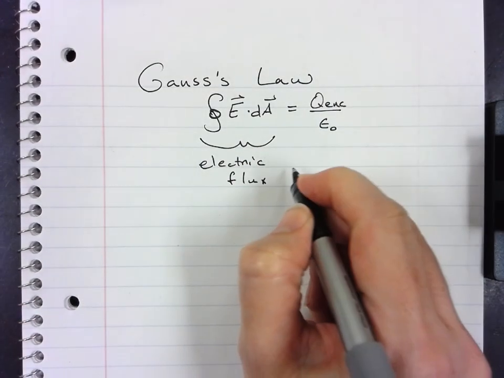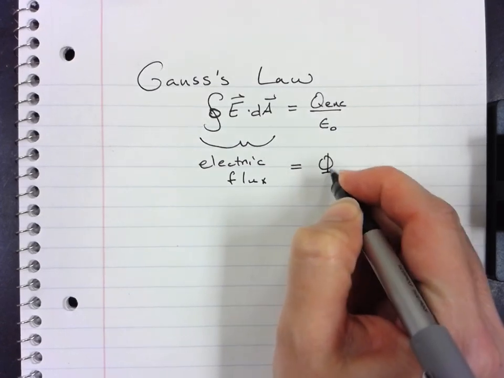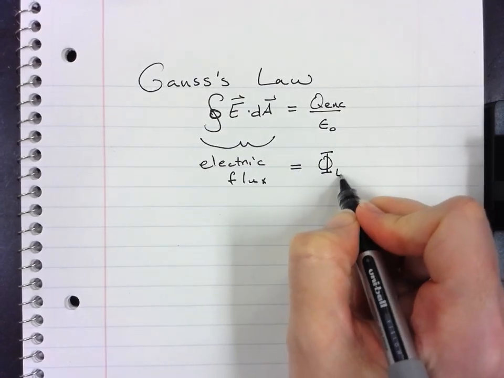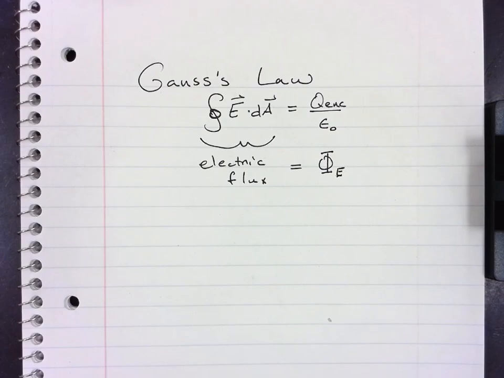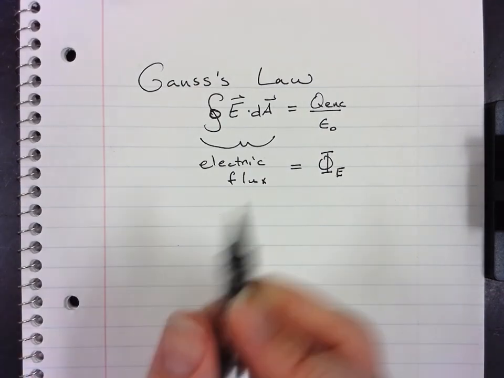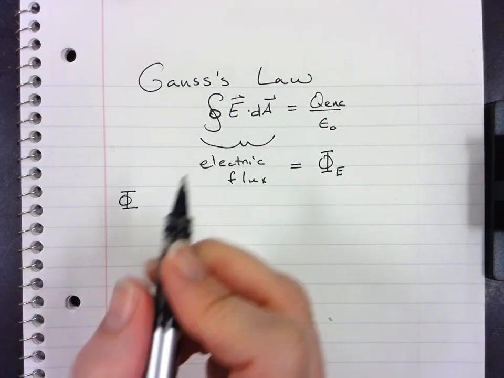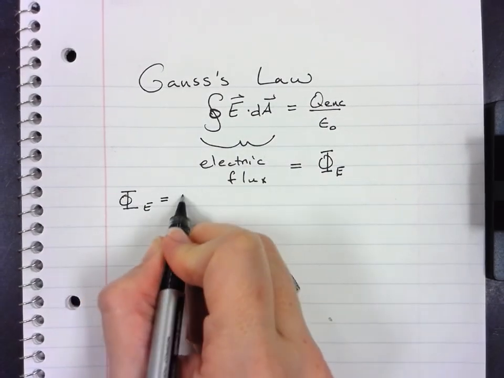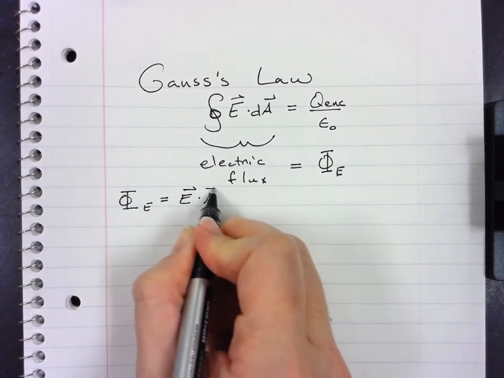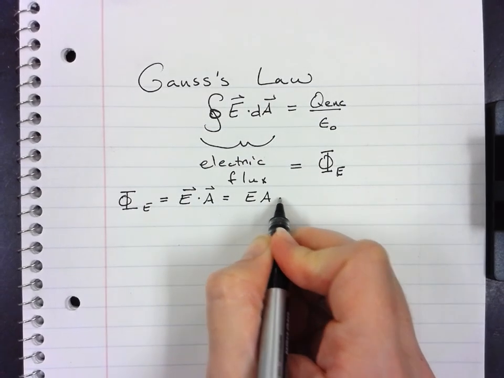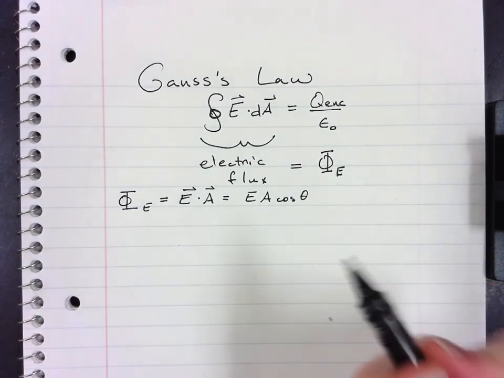Electric flux is also described with the letter capital Phi. So this is flux, and we put an E on it for electric. So if you have constant electric fields in area, this becomes just E dot A, or EA cosine theta.